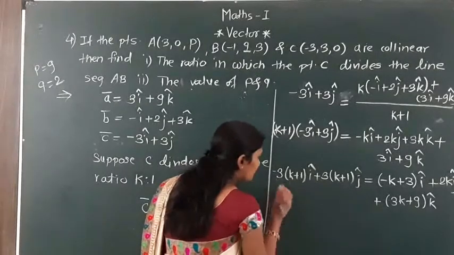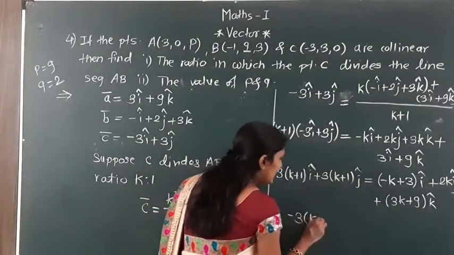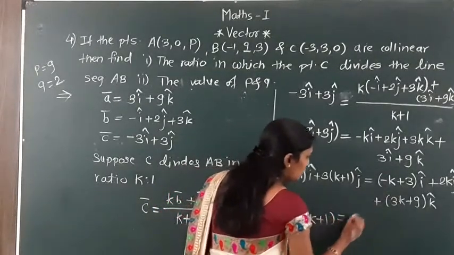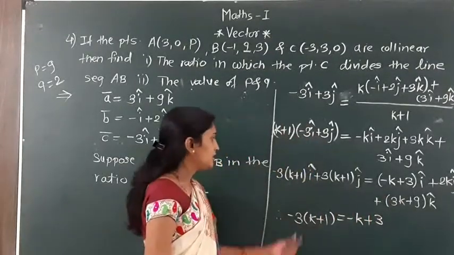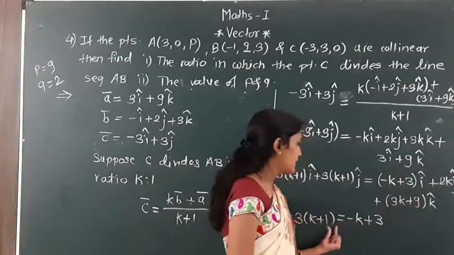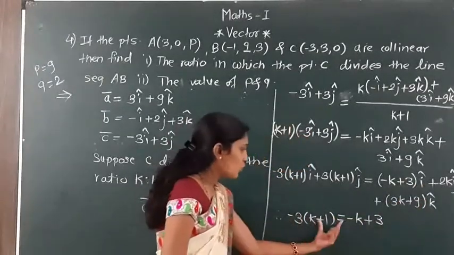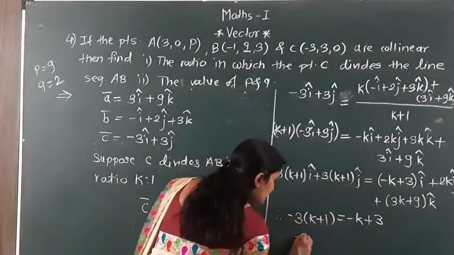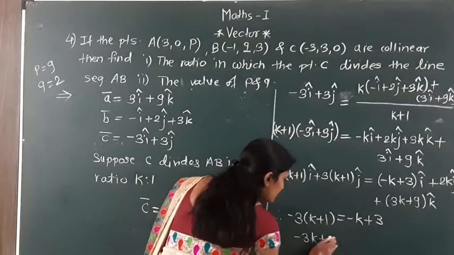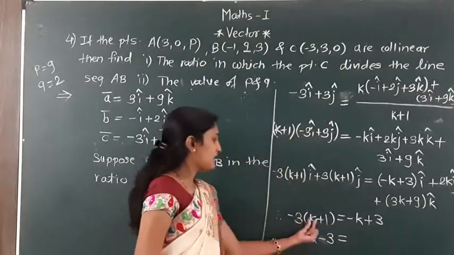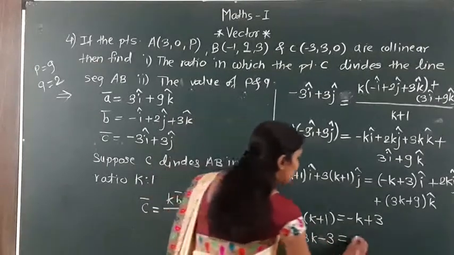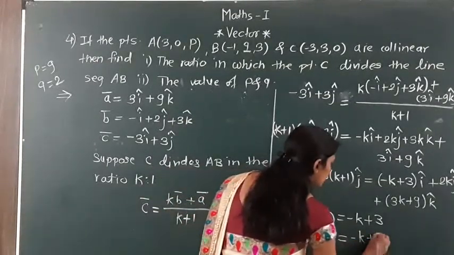Therefore minus 3(k plus 1) is equal to minus k plus 3. Solve this equation: minus 3k minus 3 is equal to minus k plus 3.